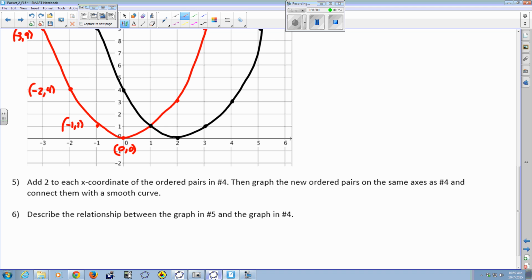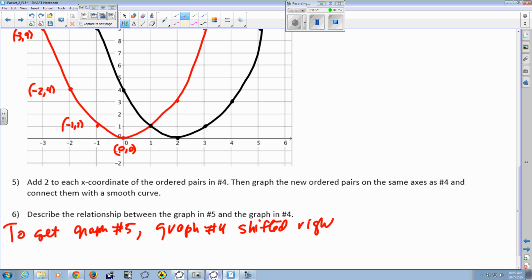Yep. Okay, so in this case, the graph, to get graph number 5, graph number 4 shifted which way? Right, 2 units.